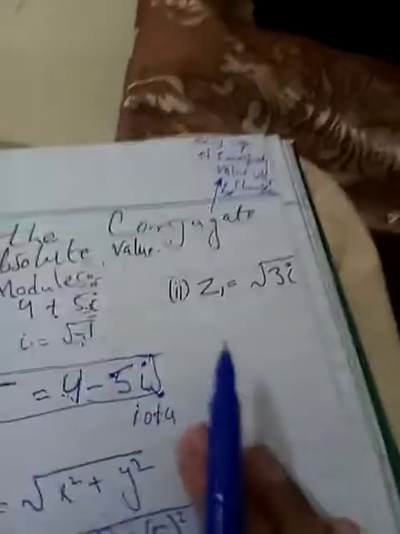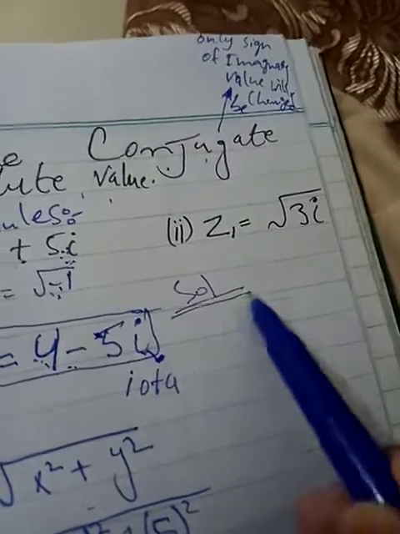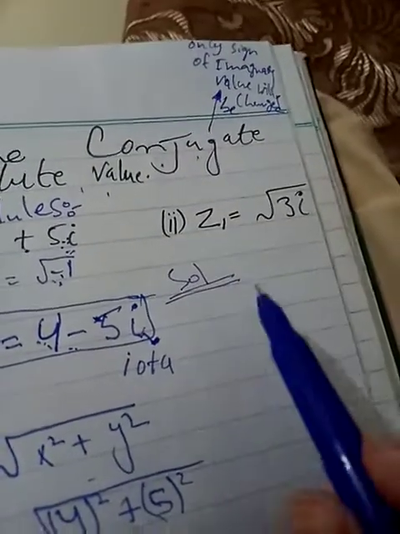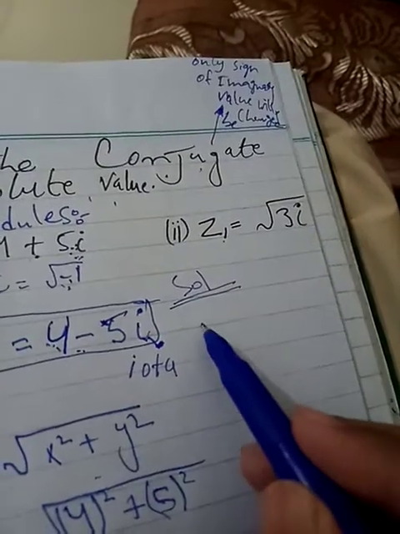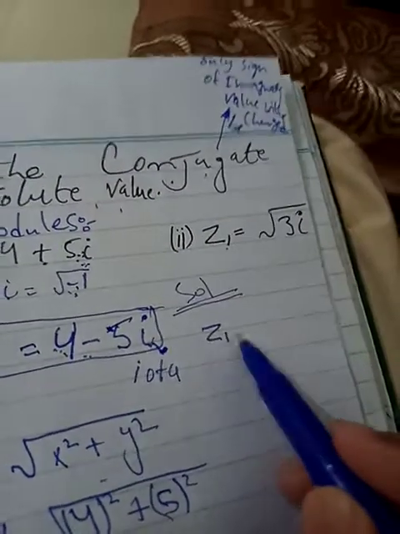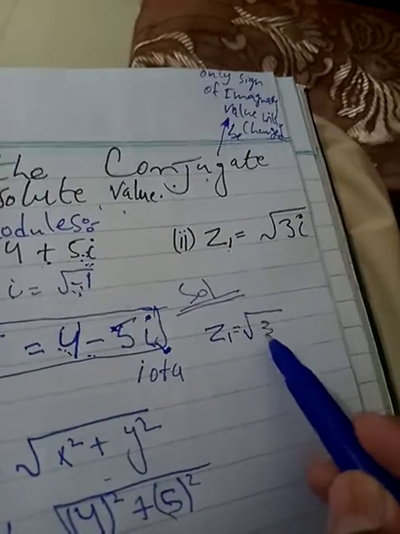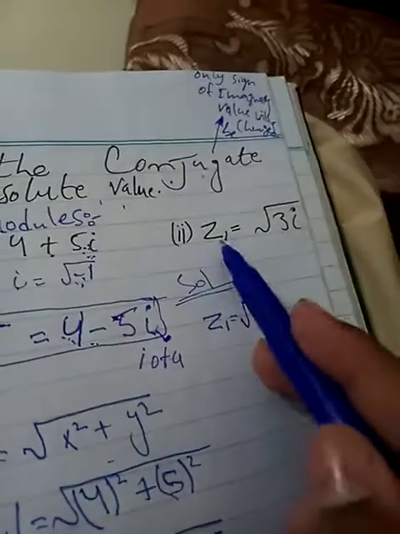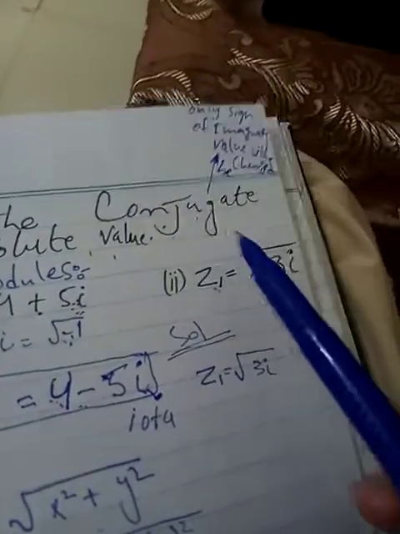Now we will do another question, and you have to try this. Solving it likewise: we have z1 equal to radical 3 iota. For finding the conjugate we have to change the sign of iota.